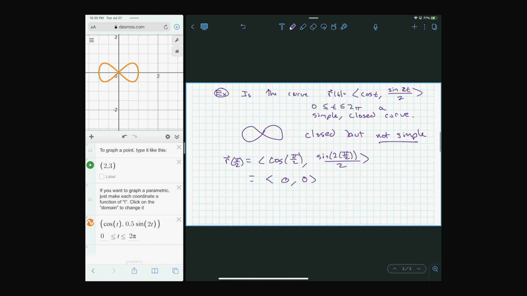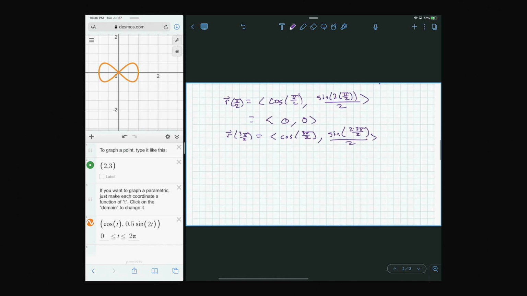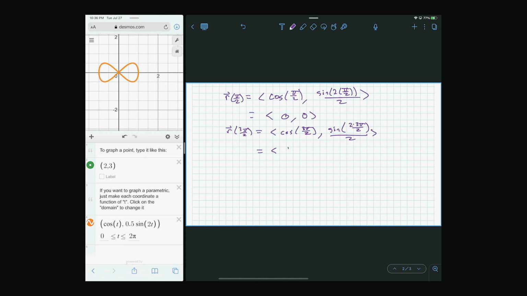Okay. Then I'm going to put in, let's see, another one. 3 pi over 2. That's going to be cosine 3 pi over 2, sine 2 times 3 pi over 2. Cosine 3 pi over 2 is also 0. Sine of 6 pi over 2 is sine of 3 pi, which is also 0.